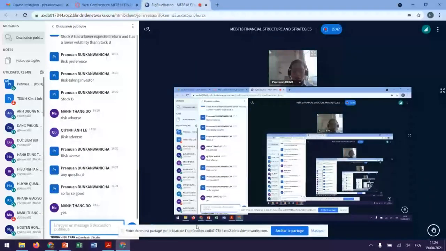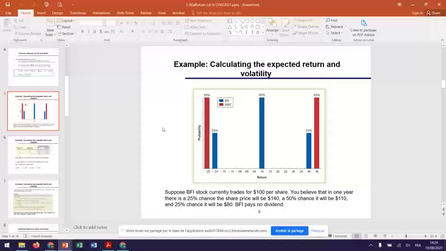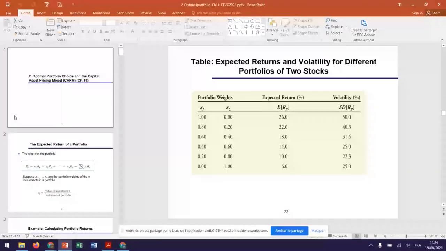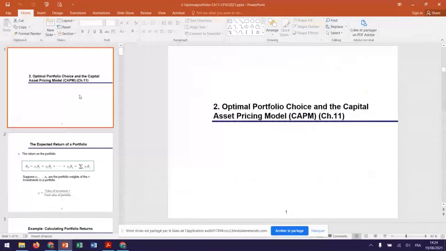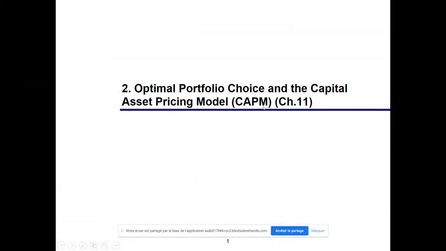Now we're gonna go to a second concept, theories that we're gonna learn together, which is called the optimal portfolio choices and the capital asset pricing model. Actually, we're gonna try to prove and learn a little bit in depth on how diversification works and how those diversification would allow us to form the optimal portfolio choice.